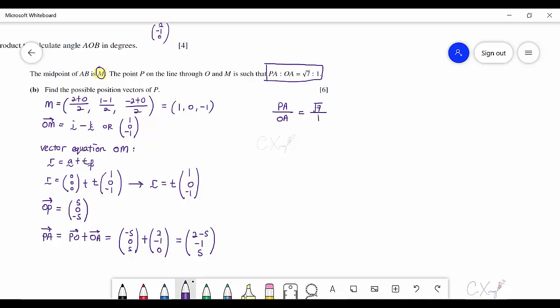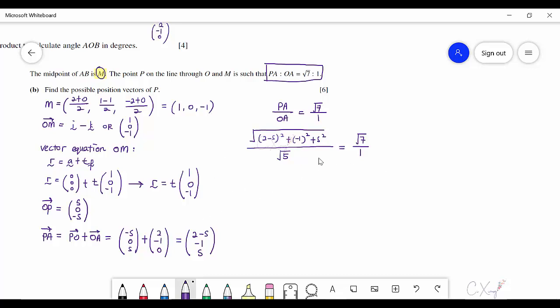PA is the length, or the modulus, of vector PA. So to get the modulus of vector PA, it will be the square root of (2 - s) squared plus (-1) squared plus s squared, divided by the length of OA. The length of OA, which you already got just now, is square root 5. And it is equal to square root 7 divided by 1.